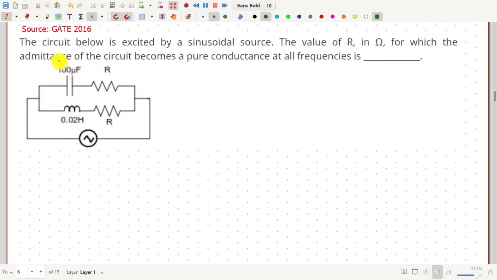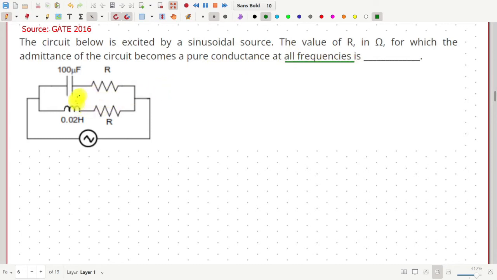In this question, the circuit is excited by a sinusoidal source, and we have to find out the value of resistance R such that the admittance of the circuit becomes a pure conductance at all frequencies.